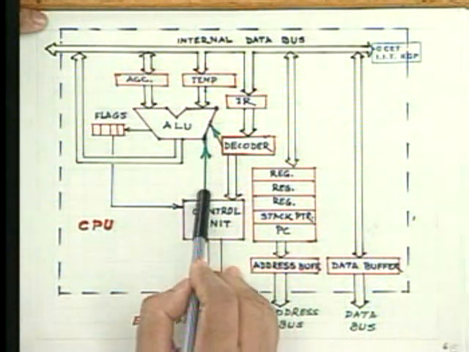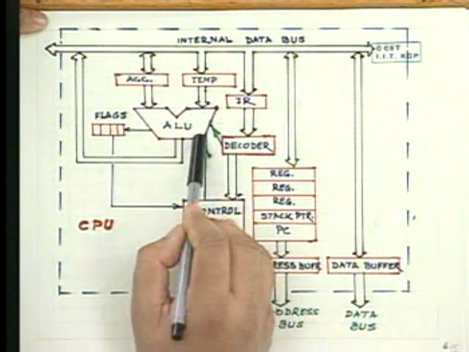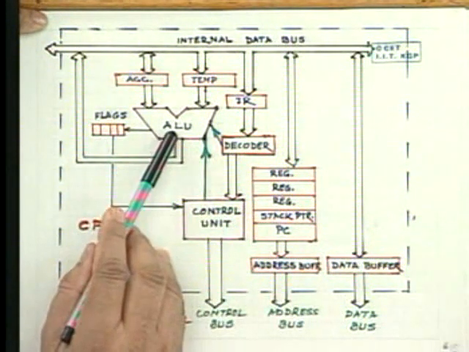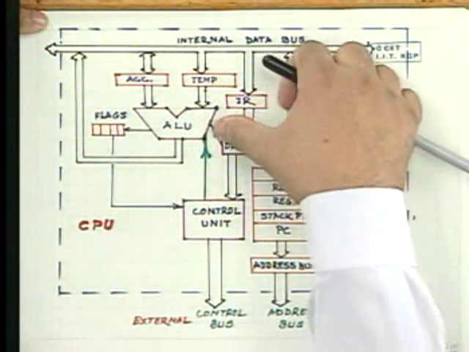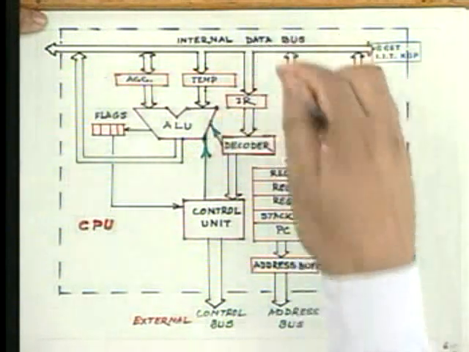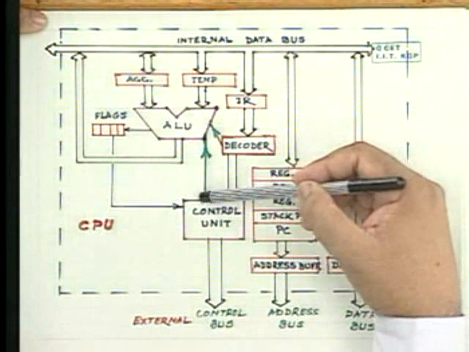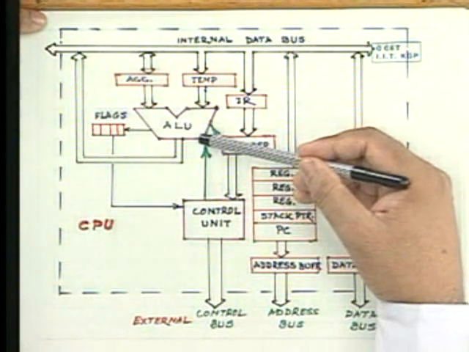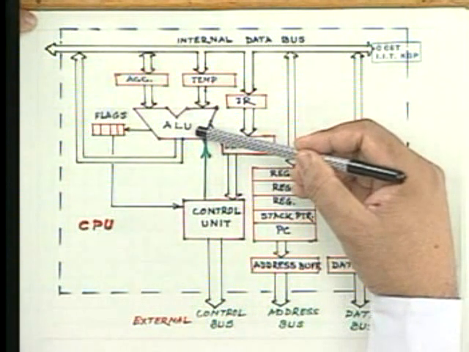Also, it will give signals internally to the arithmetic and logic unit. The arithmetic and logic unit may also get an input from the decoder, but this is not an essential feature; the control unit can send all the relevant signals to the arithmetic and logic unit, right?